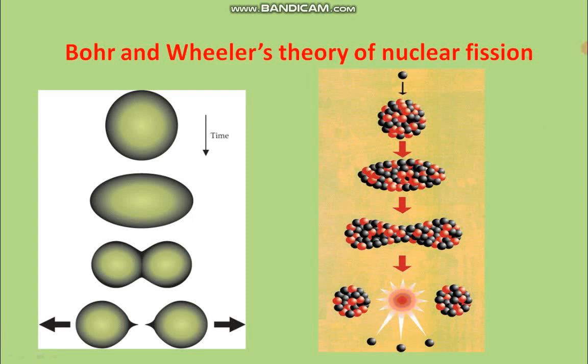If the extra energy is too large, the compound nucleus undergoes distortion from ellipsoidal to dumbbell shape. Each portion of the dumbbell has a positive charge and one repels each other. This results in fission and formation of fission fragments. This is the explanation of nuclear fission by liquid drop model.